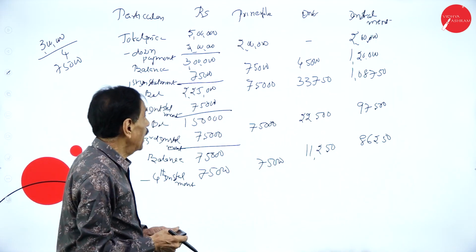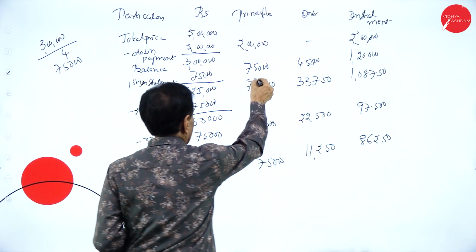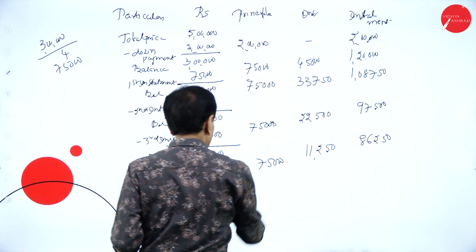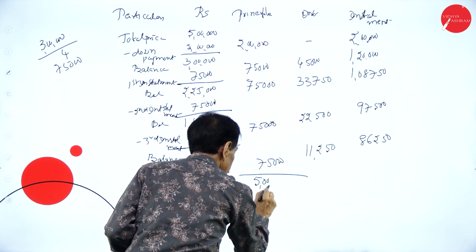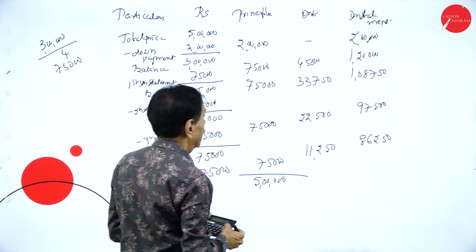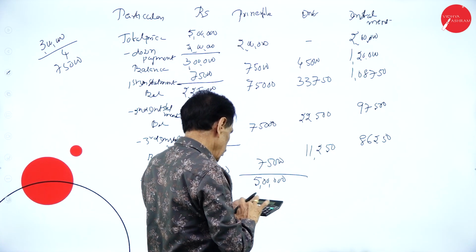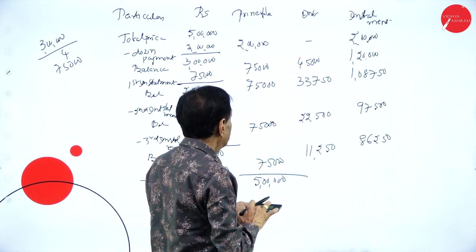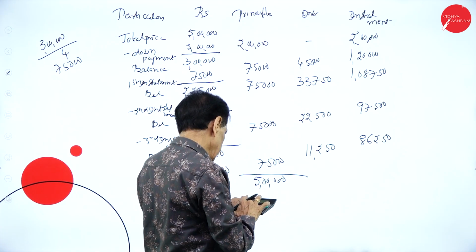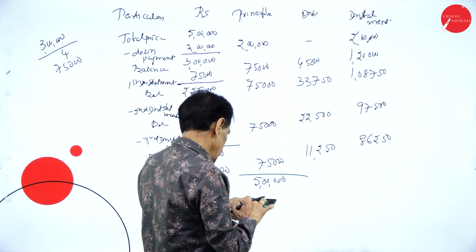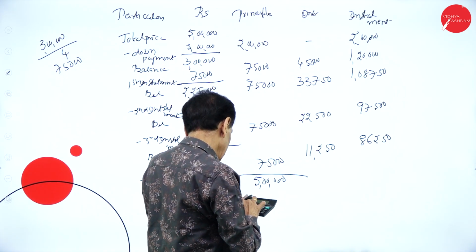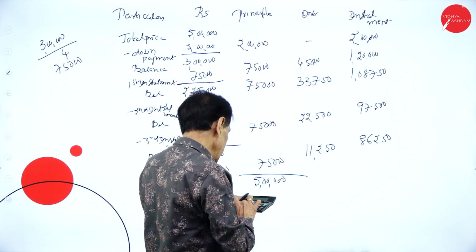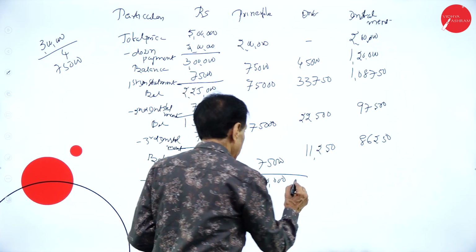So if you add the principal figures, 3 lakh plus 2 lakh is 5 lakh. Add the interest: 45,000 plus 33,750 plus 22,500 plus 11,250, 1,12,500.